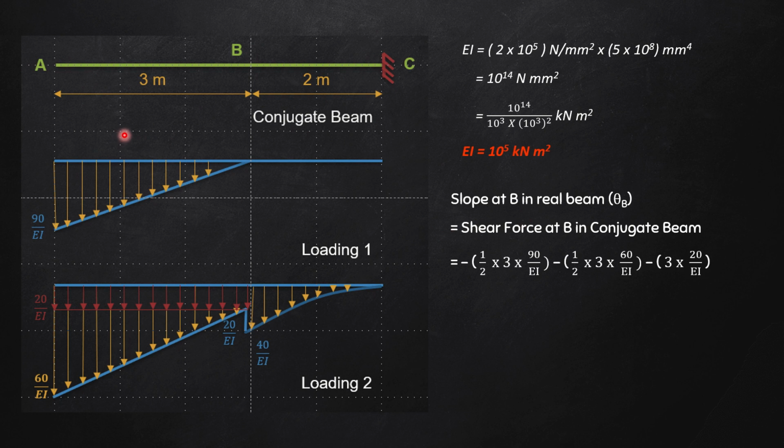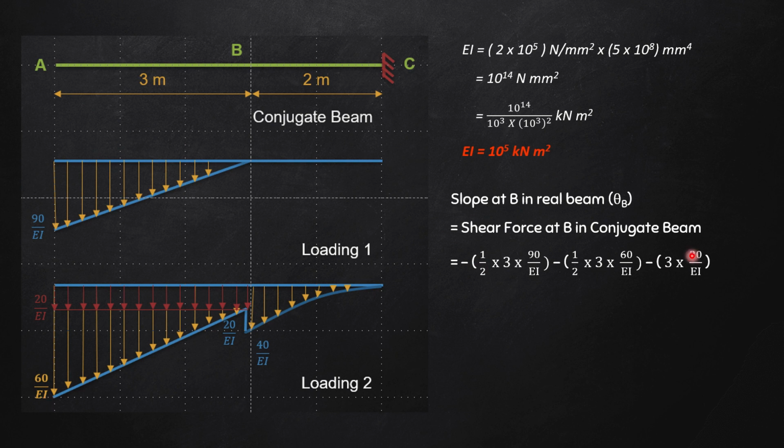The first shear force will be due to this loading. What will it be? It will be half into base into height, that is half into 3 into 90 divided by EI. Okay. Now second, this triangular load I am considering. What will it be? Again, minus half into base into height. Half into 3 into 60 divided by EI.